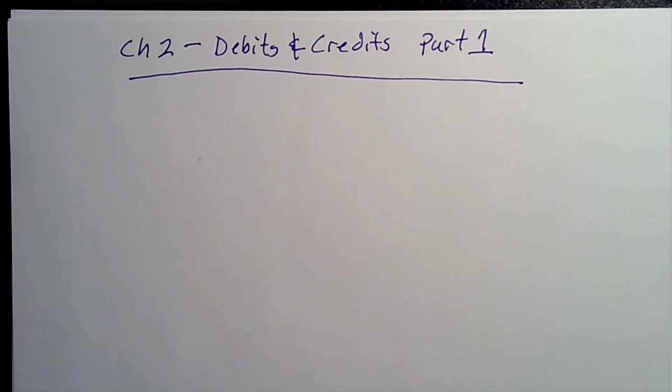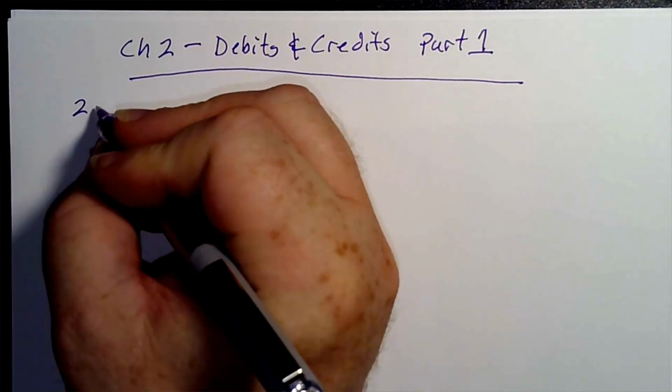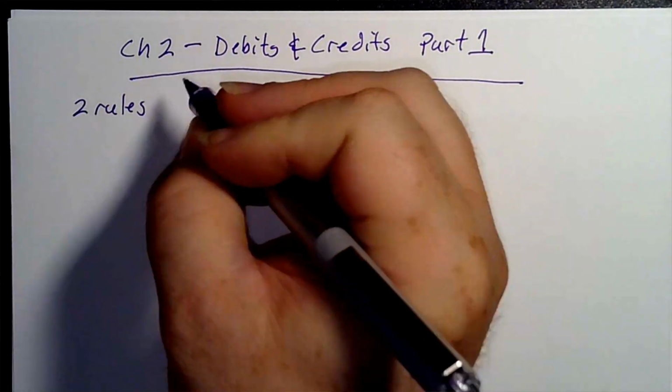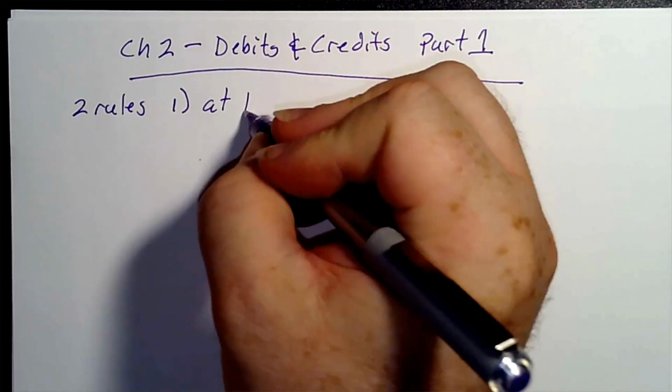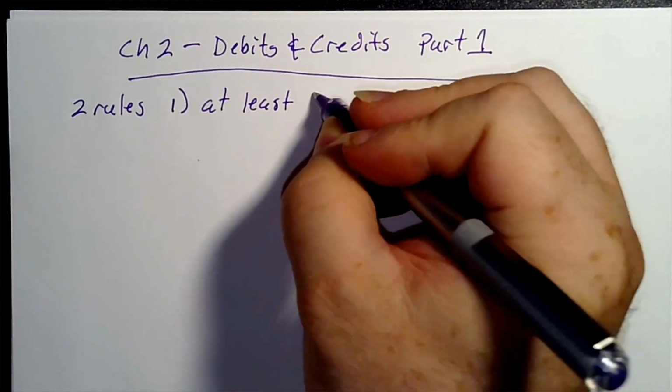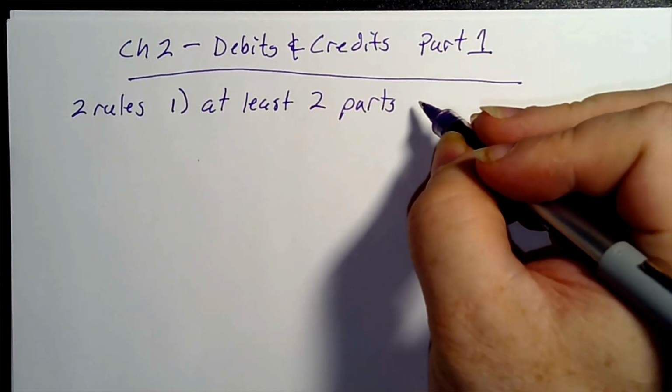So let's take a look at the rules that we had initially set out when we were talking about business transactions at the end of chapter 1. There are 2 guidelines. Number 1, there are at least 2 parts to every transaction.